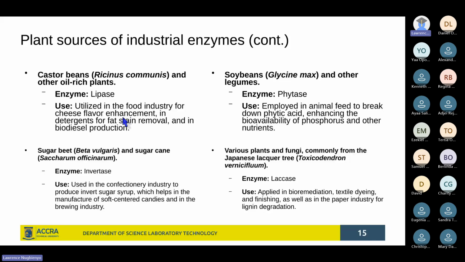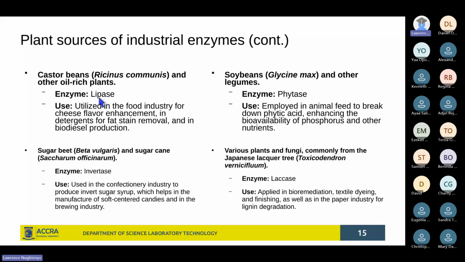These lipases are not used only in the food industry. They are also used in detergents, because we just saw that lipases can be used in detergents. Lipases can be used in the brewery, same way as in the dairy industry.